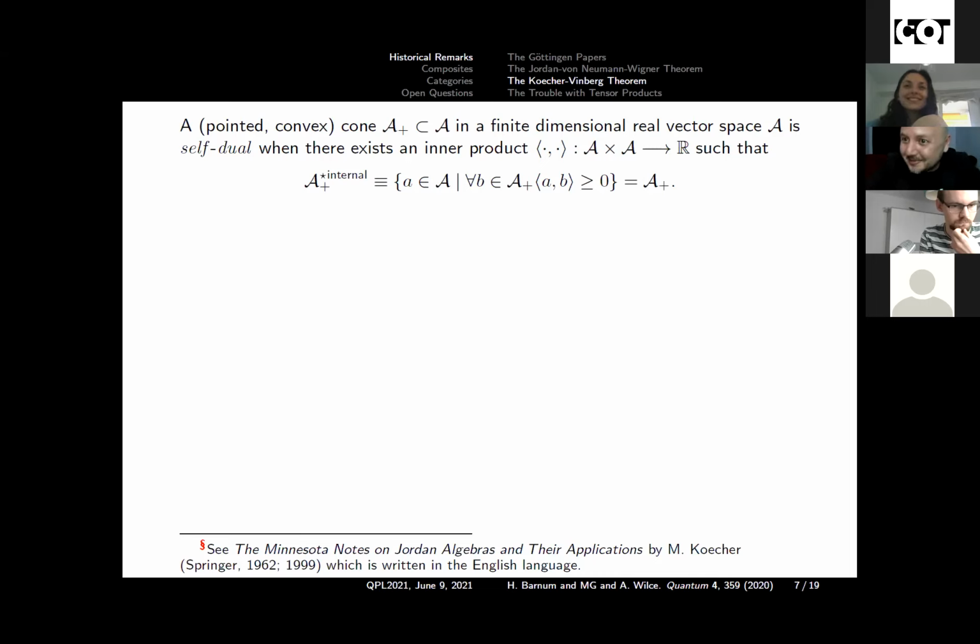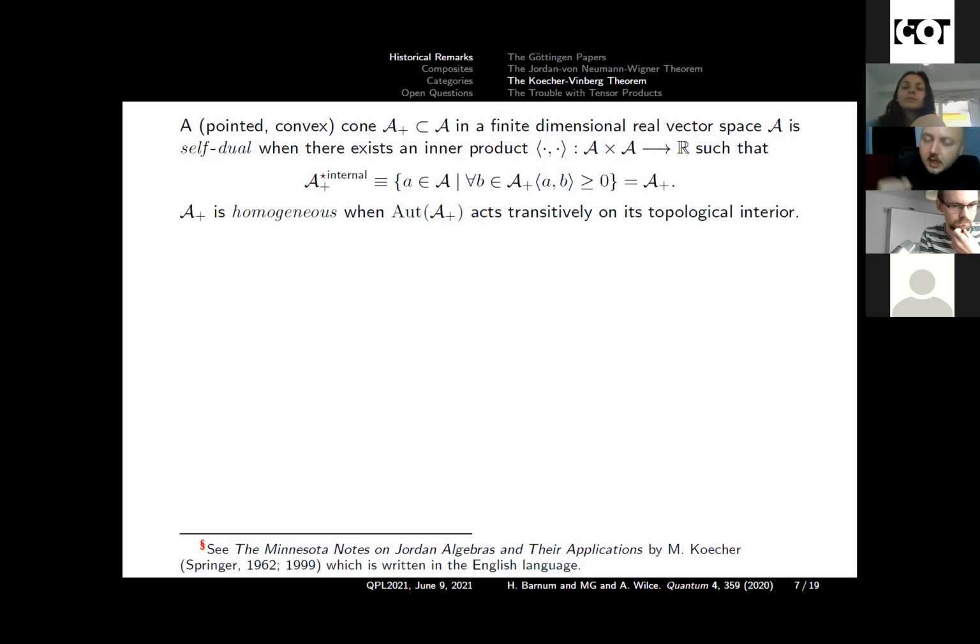So I shall jump straight away to the following definition. A pointed convex cone in a finite dimensional real vector space is self-dual when the internal dual cone coincides with the cone. You can think about the dual cone internally by the Riesz representation theorem. And we say that A plus is self-dual when that coincides with it, okay?